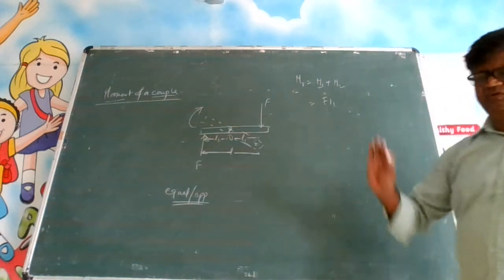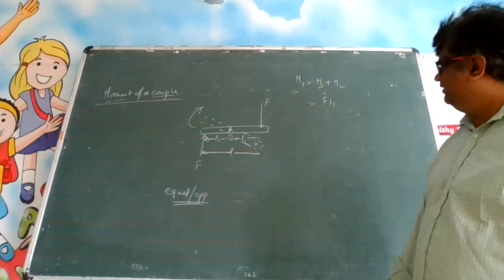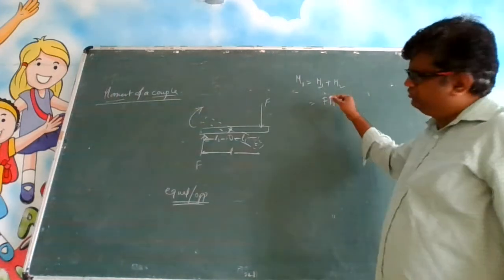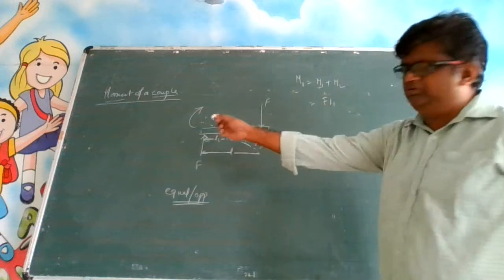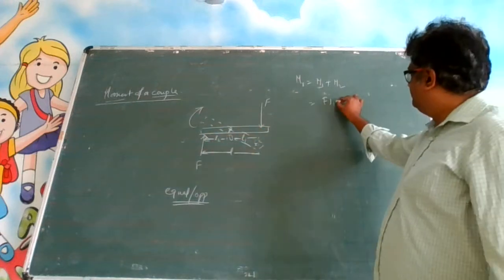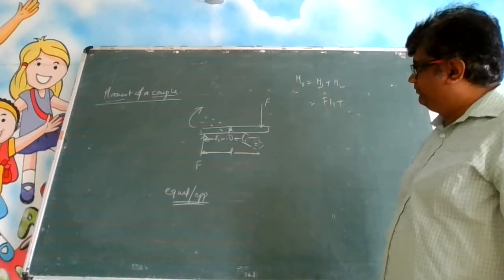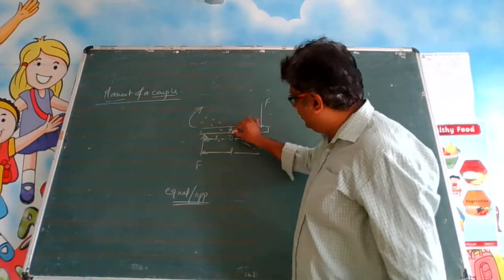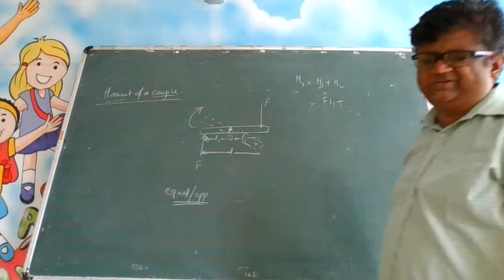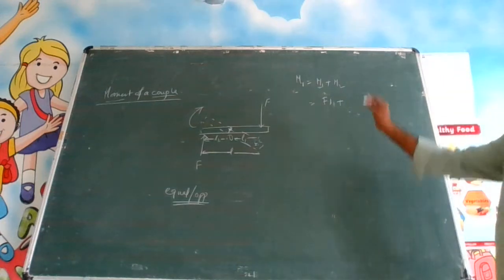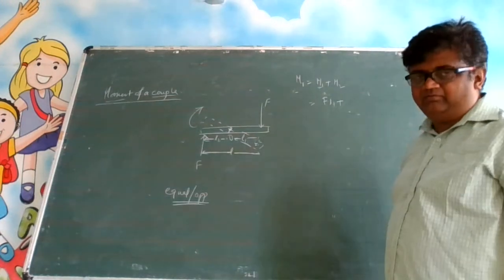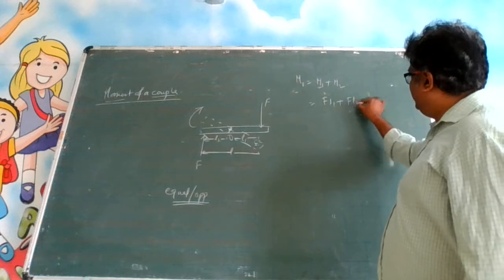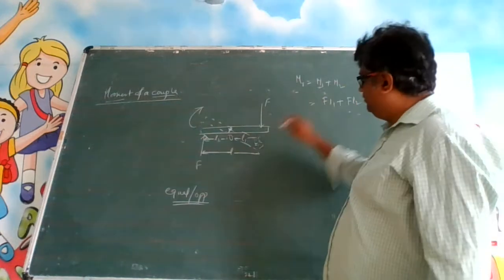Leave the plus and minus, we are just doing the derivation part. So technically it is minus. Now M2 is also trying to rotate about this point in a clockwise fashion, so both are minus. That minus we have not taken. M2 is F into L2.